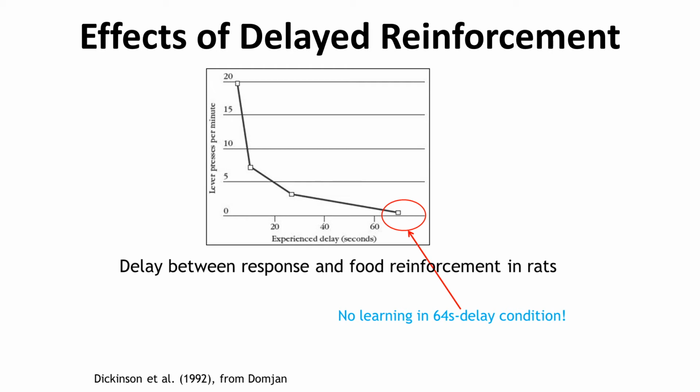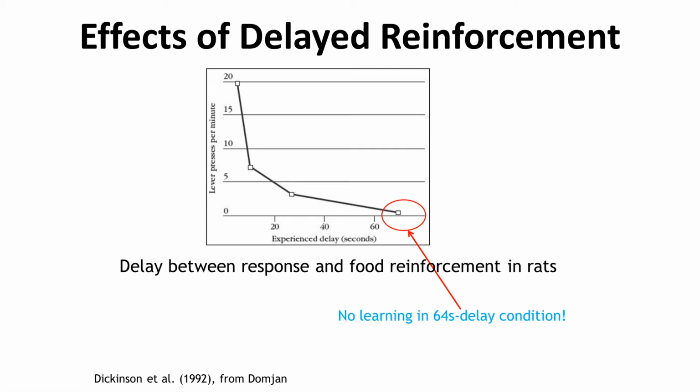Because we care about the effects of delayed reinforcement here, we would have rats who would experience very small amounts of delay, so almost immediate reinforcement, up to very, very long delays. This experiment looked at the difference between about 0 delay all the way up to 64 seconds or more, and saw how much lever pressing we saw in rats that were reinforced with that much of a delay.